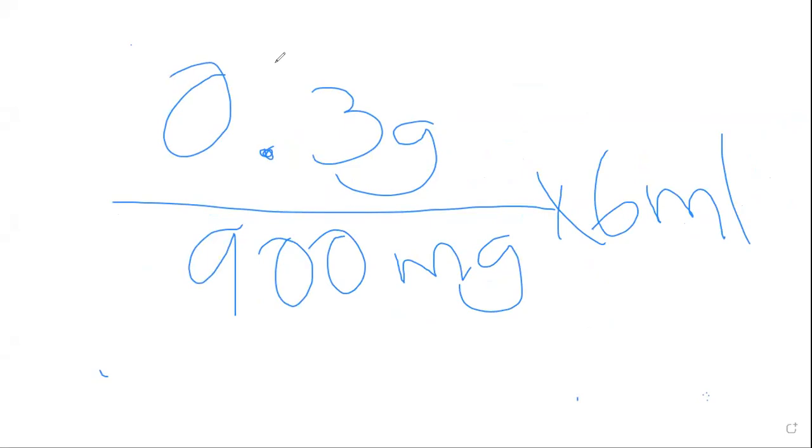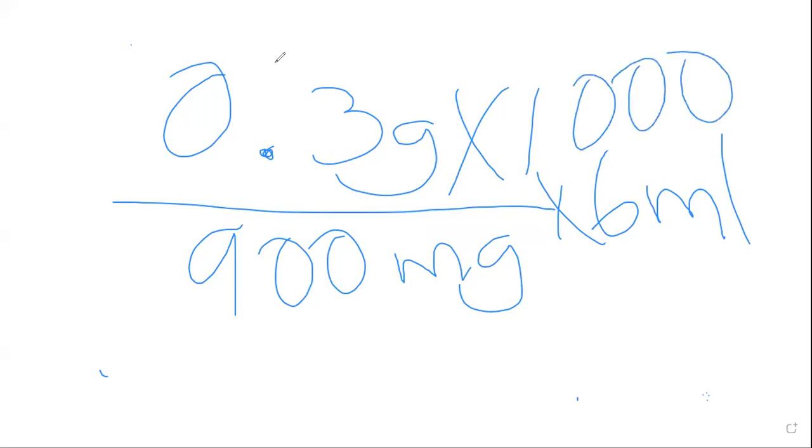So you're going to take this 0.3 and multiply that times 1,000, to take that grams to milligrams. So do that math there: 0.3 times 1,000, and you should have gotten 300 milligrams. Now we'll cross this out and put our 300 milligrams.